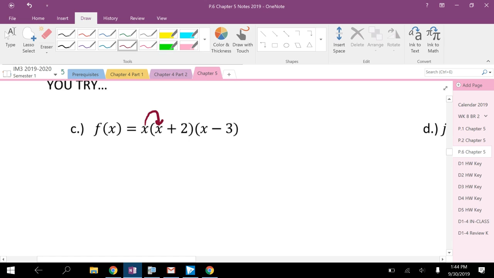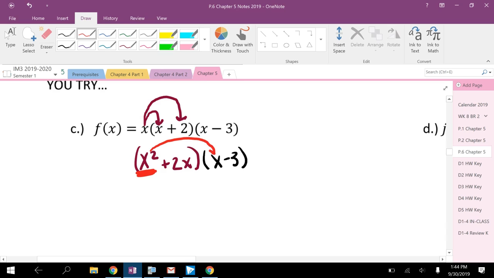X times x gets you x squared. X times 2 gets you 2x. They're still a group, they become their own group. Bring down the x minus 3. Now, take the first term, I'm going to underline this guy in red. He needs to be multiplied to both of them. So you would get x cubed minus 3x squared.